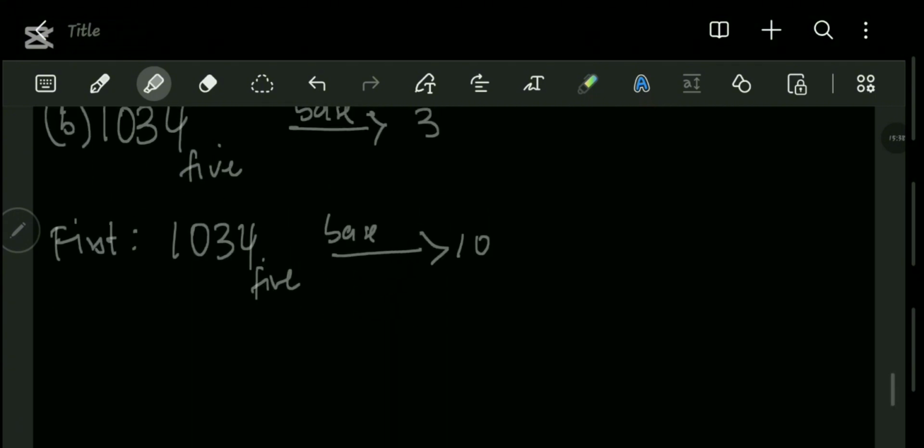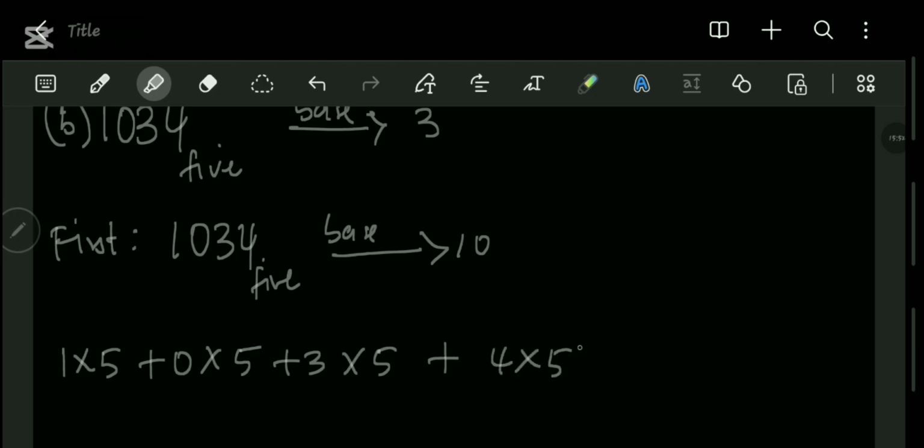So what do I do to get to base 10? I multiply each of these digits by the old base, which is 5. So I'm having 1 times 5 plus 0 times 5 plus 3 times 5 plus 4 times 5. On top of the old base, I'm adding powers: 0, 1, 2, and 3.